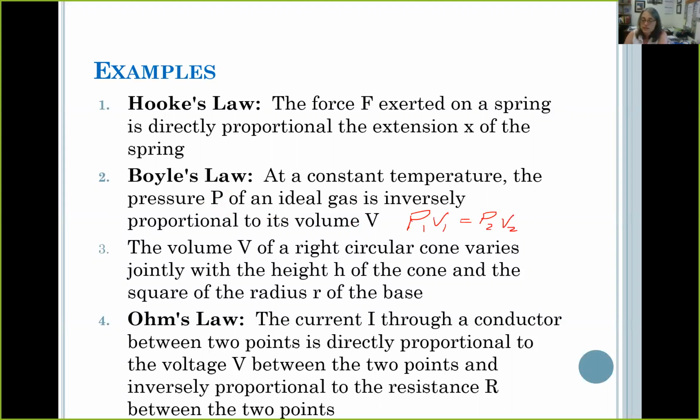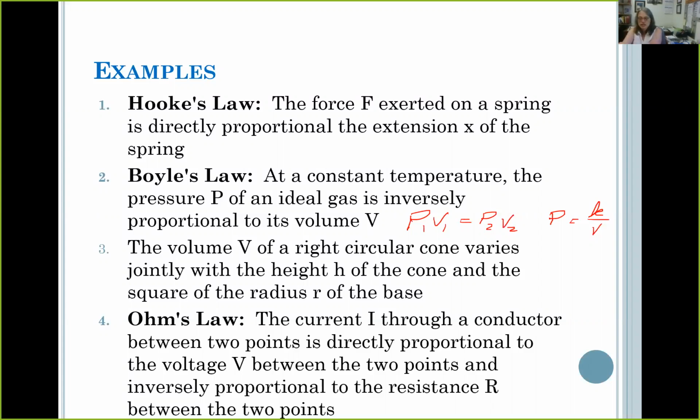Or we say that the pressure is equal to some constant divided by the volume. We kind of talked about this with our box. Volume was constant, and so as the base got bigger, the height got smaller. So for a constant volume in our box, the height was inversely proportional to the square of the base.